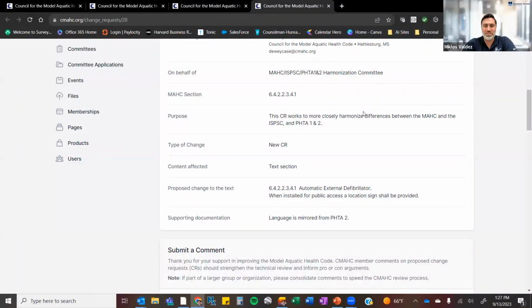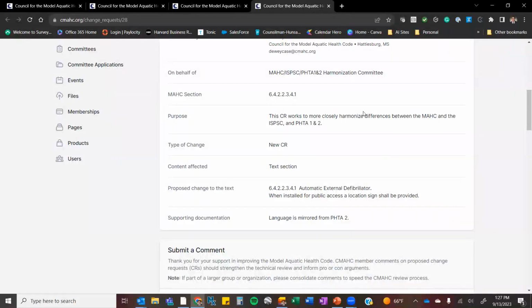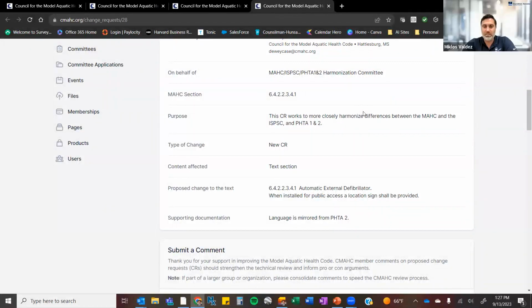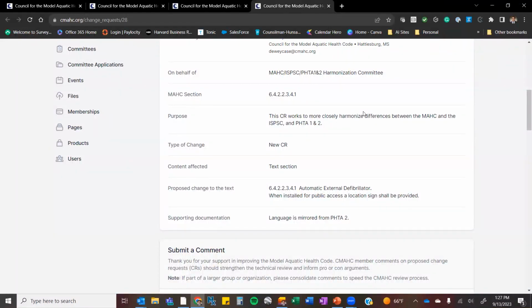Yeah, absolutely, maybe some clarification on the numbering, just to make sure it's in accordance with what it should be. 6422 is the general chapter for signage. I think if it was 342 instead of 341, it could just be a new section and wouldn't replace the old one. So I think it's an easy fix. Yeah, I'll go back and take a look at that.